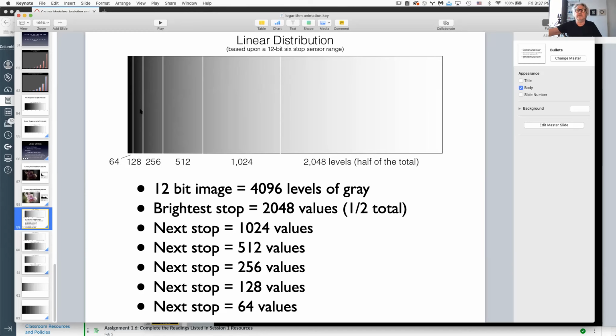Because digital is a linear system that we are then having to scaffold into a logarithmic grid, data is what becomes the issue here. And that top stop, the top brightest stop of your exposure, is the critical part. It is the part that everybody leaves behind, and it's half the data of your file.